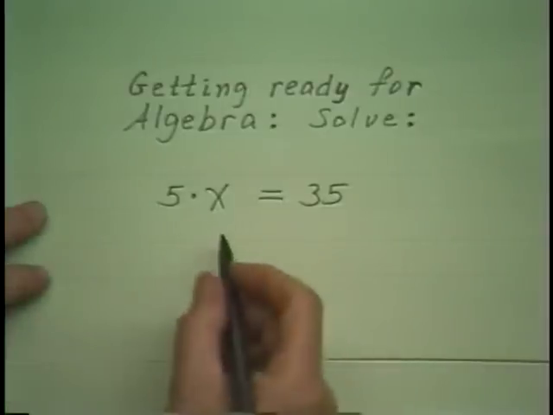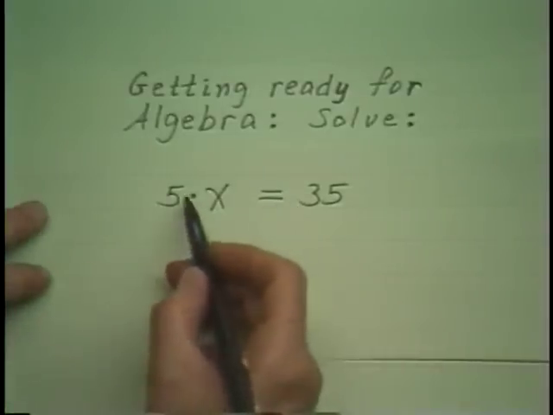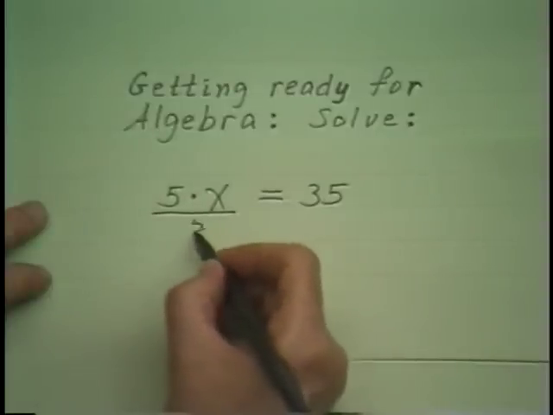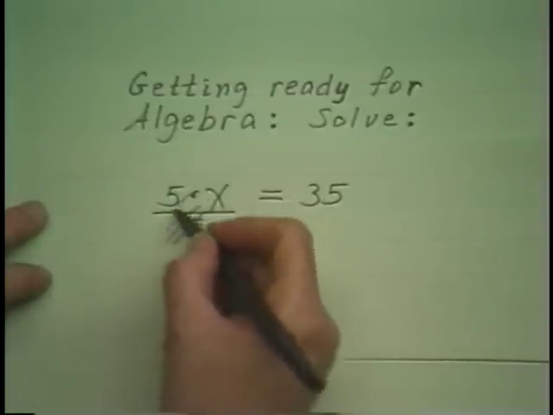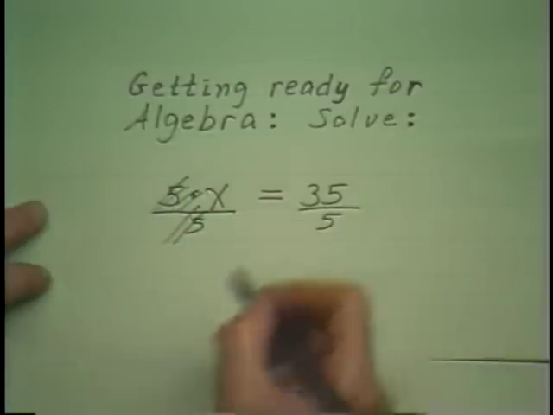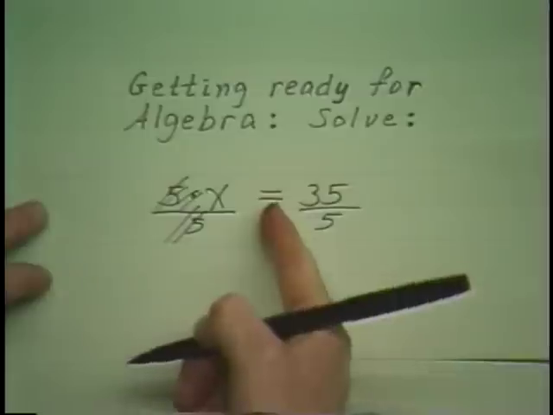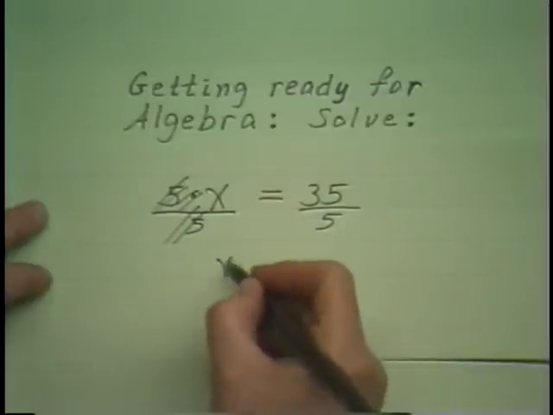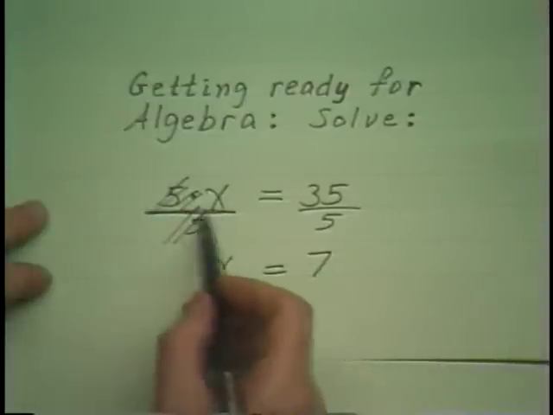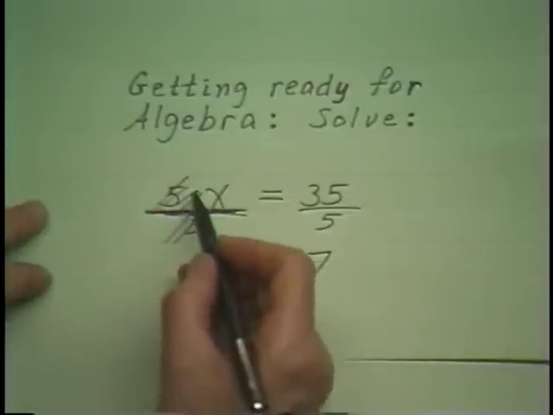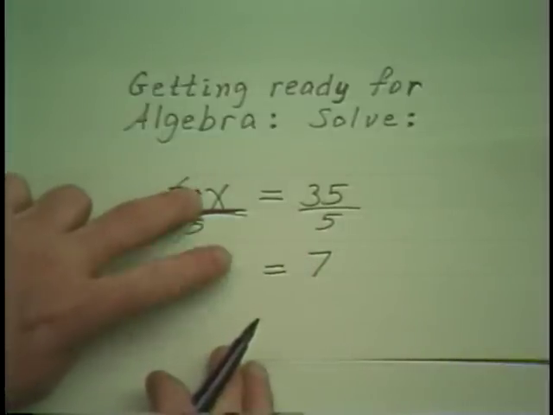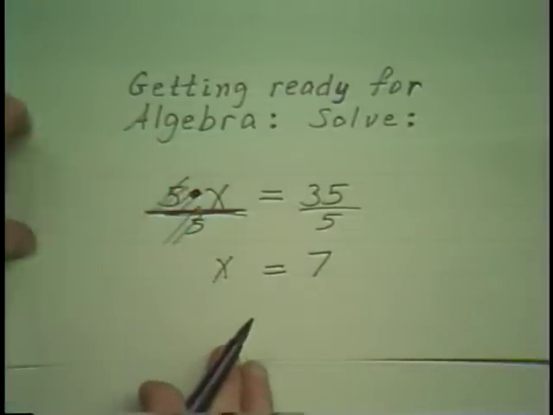Recall that when we were solving equations involving multiplications, we agreed that dividing undoes multiplication, and that we simply have to divide both sides of those equal expressions, and that gives us, in this case, x equals 7. The important thing here is division undid that multiplication, isolating the variable, which is what we call solving.